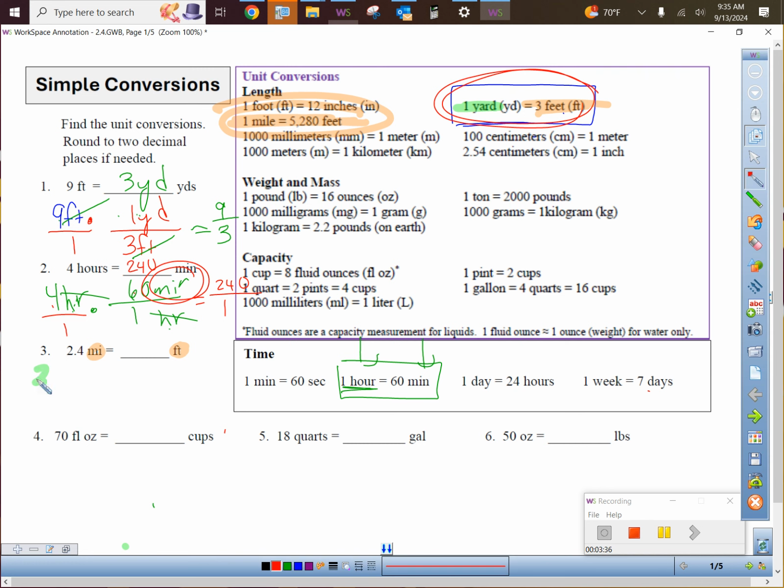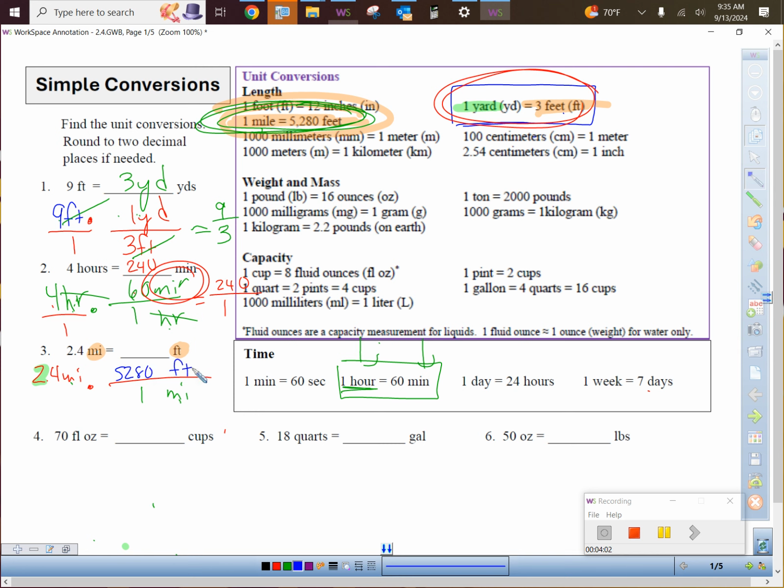2.4 miles times, I'm going to make a fraction. Guess who's got to be downstairs? Miles. Because this guy's label is miles, this guy's label's got to be miles downstairs. Go to this conversion guy right here and put the number that's next to the word mile next to it. There is 1 mile right there. And upstairs is the other number, 5,280 feet.